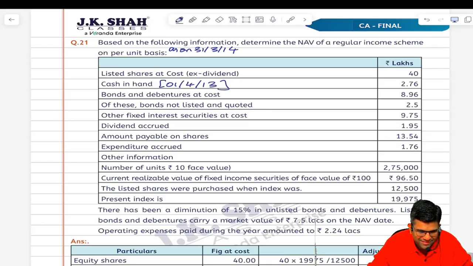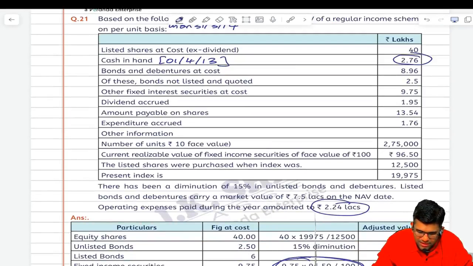Yes. Do you realize you should not now take this cash? You should take this cash minus the operating expenses. Are you all able to understand? Because now operating expenses will be taken into consideration, no? If that is opening cash. Full clarity is there?